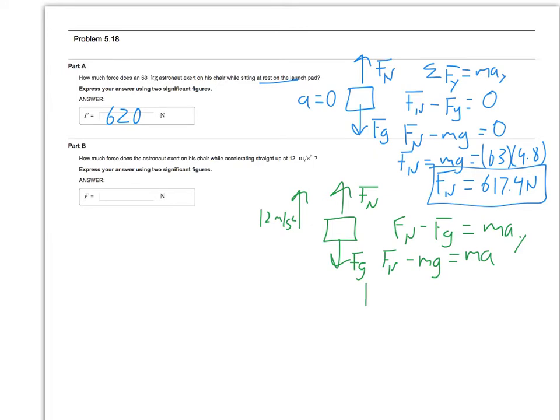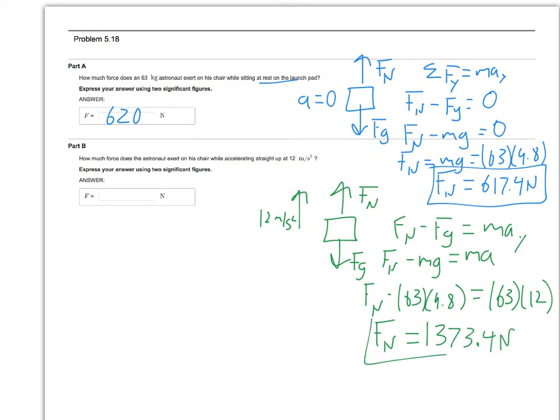So I have Fn minus 63 times 9.8 equal to 63 times 12. I go ahead and solve for my normal force, and I get 1,373.4 newtons. Once again, we need to round to 2 sig figs, so 1,400 newtons would be the proper answer, rounded to 2 sig figs.